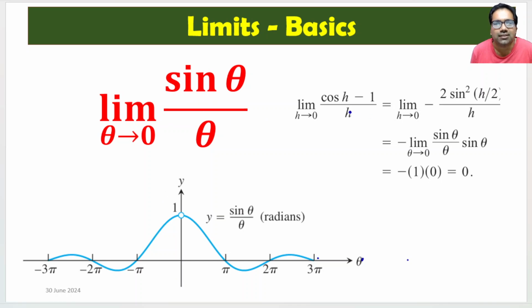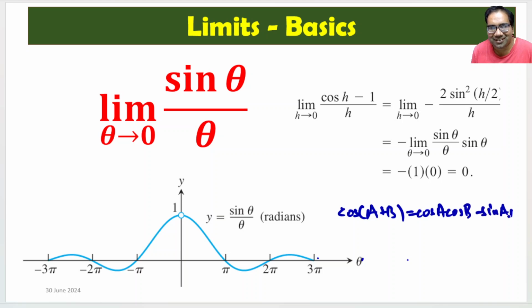Okay, another important result. Let's say limit h tends to 0, cos h minus 1 by h. We can write cos h minus 1 as minus 2 sine square h by 2. We know this, right? Cos a plus b is cos a cos b minus sin a sin b.